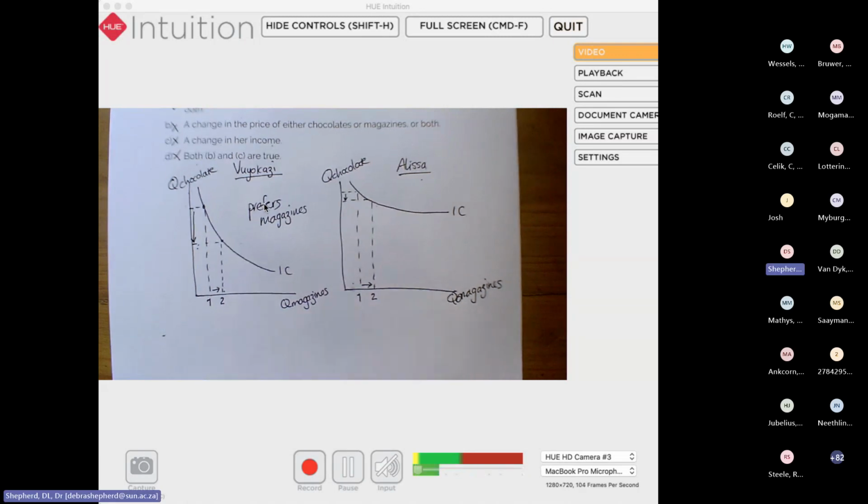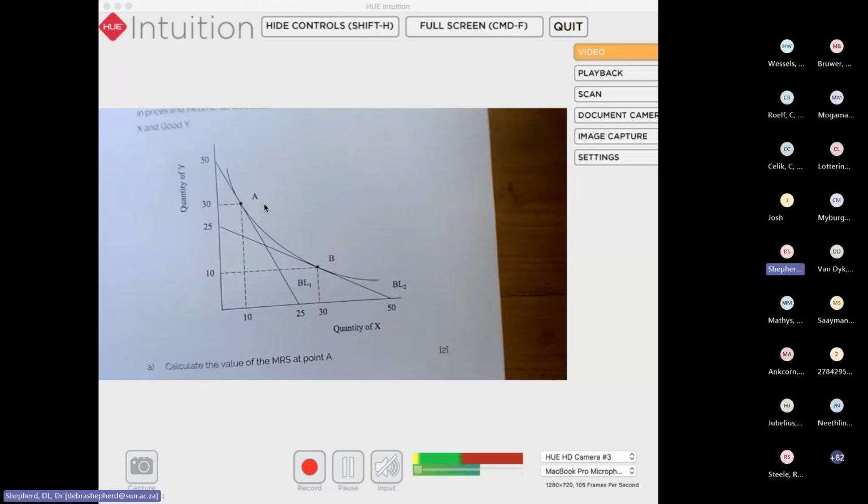Everyone happy with that? Great. Thanks, Mandikutse. So our marginal rate of substitution tells us something about this person's willingness to give something up, and that would tell us about their preferences.